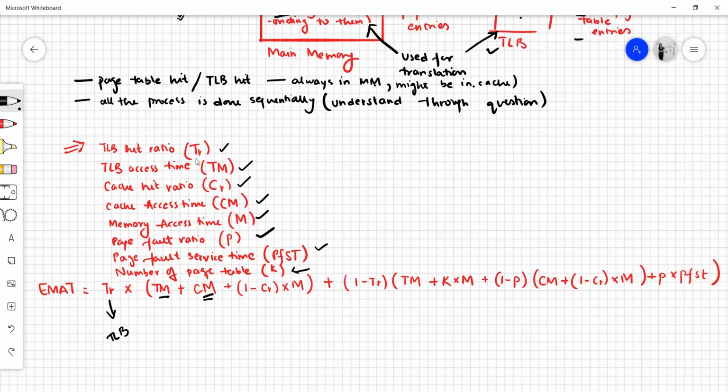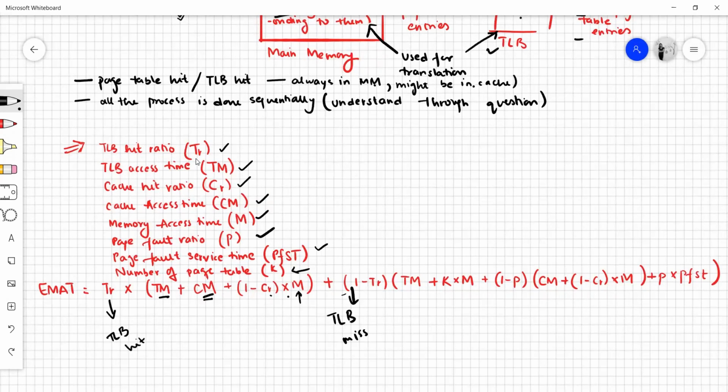If we don't find it in cache, that is called the cache miss, and the cache miss is 1 minus cache hit. That is multiplied with m, the main memory access time, which I told as the pages access. Then if in case we have a TLB miss, 1 minus TLB hit ratio is the TLB miss.